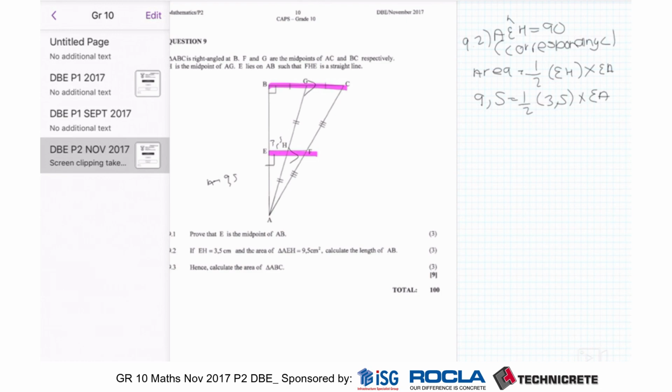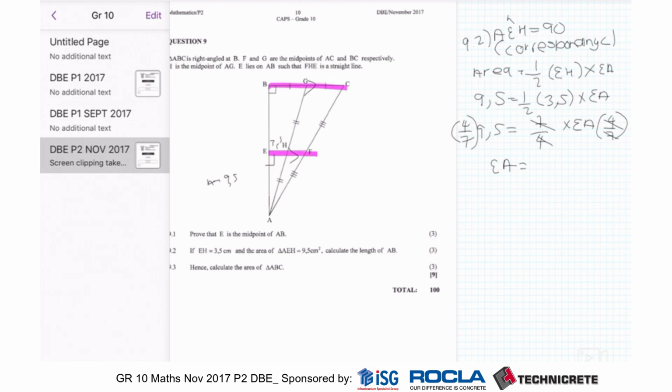So half of 3.5 is 7/4 times EA. So I'm going to times both sides by 4/7 to get rid of it. So EA is equal to 4/7 times 9.5.